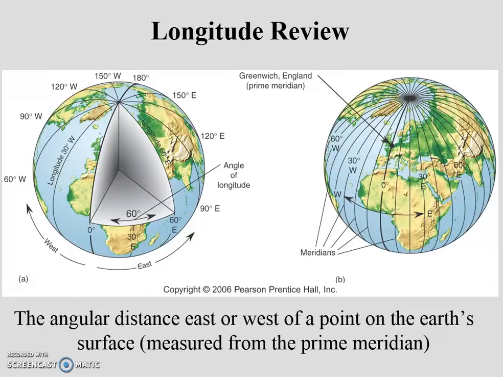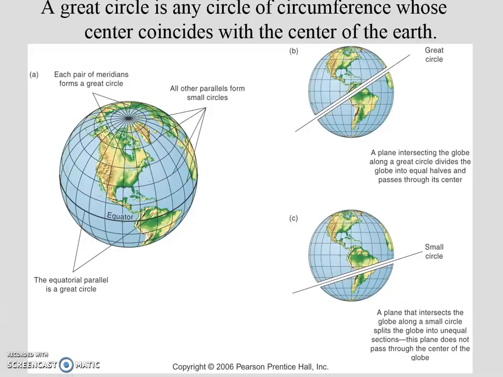But this is all review. So oftentimes when we are talking about lines of latitude and lines of longitude, there's a terminology that we use that is identified as a great circle versus a small circle.